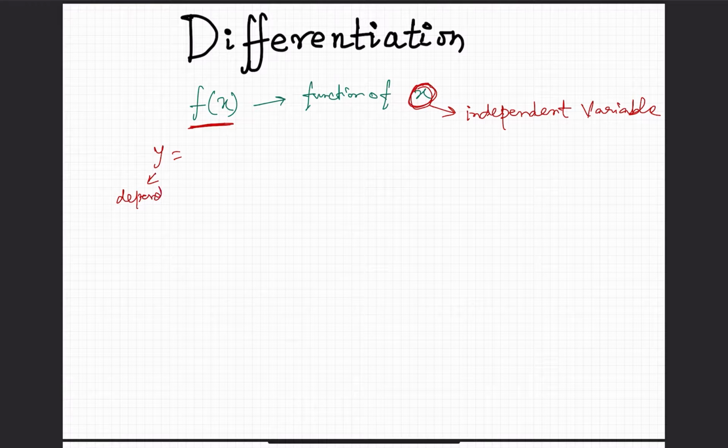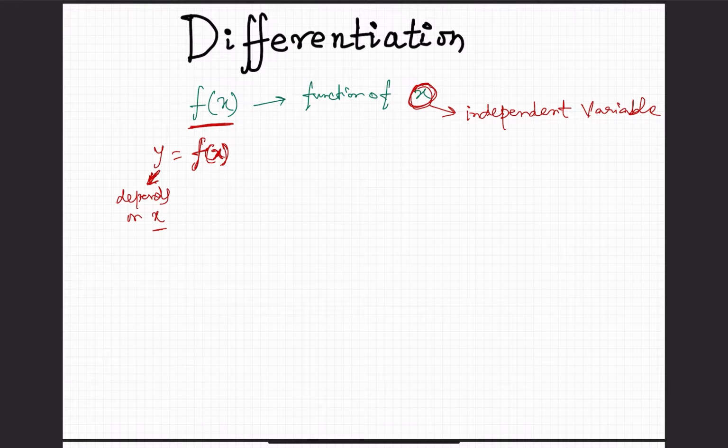So x is the independent variable, y is the dependent variable. y is equal to f(x). y takes value according to the value we put in x, and y also changes its value when we change the value of x.